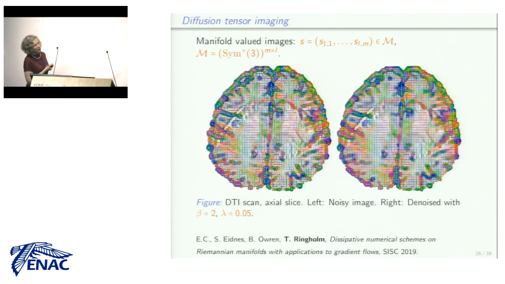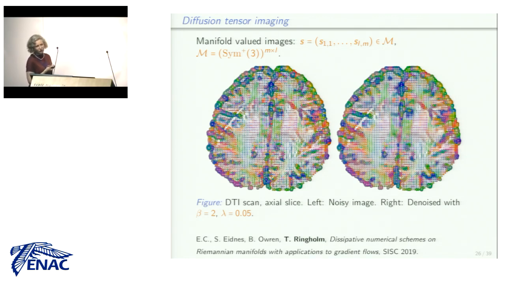Second application is diffusion tensor imaging, and this has been discussed earlier today in the session on Riemannian metrics and statistical things in the early afternoon. And we applied, this is a similar problem.